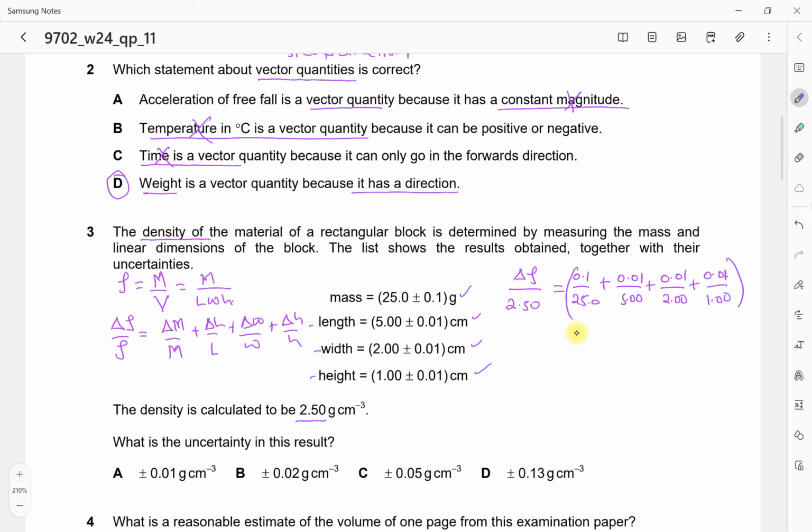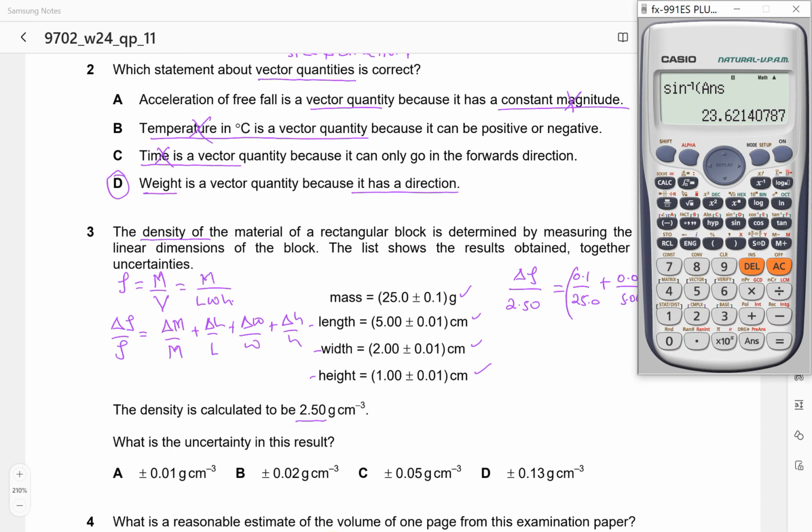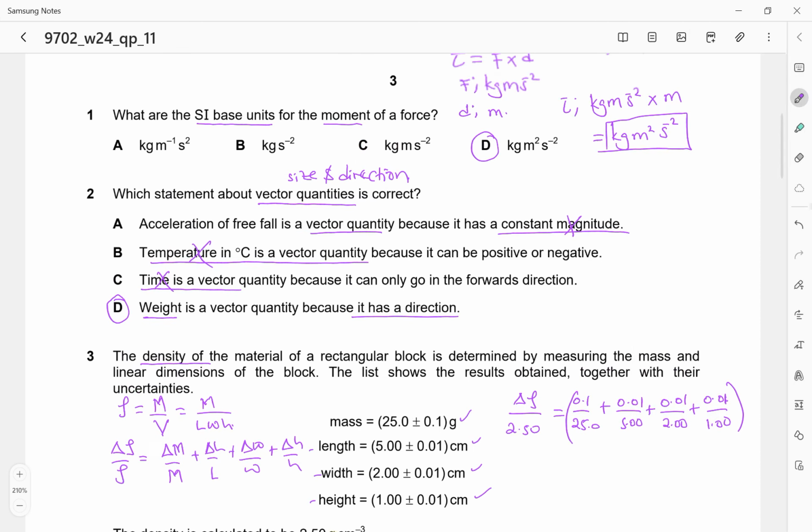So this is the sum of the fractional uncertainties. I'll just check with my calculator.